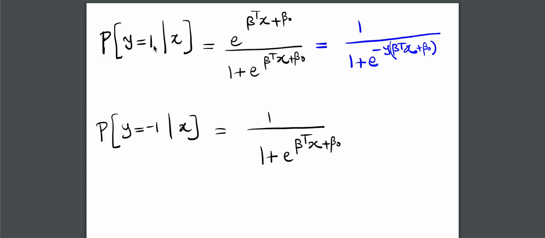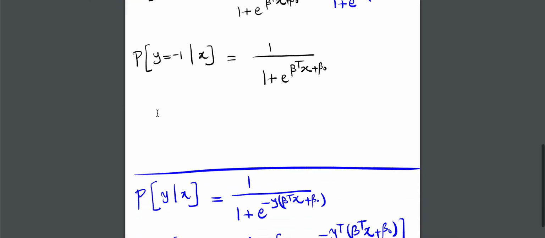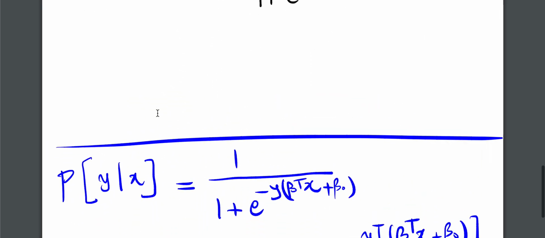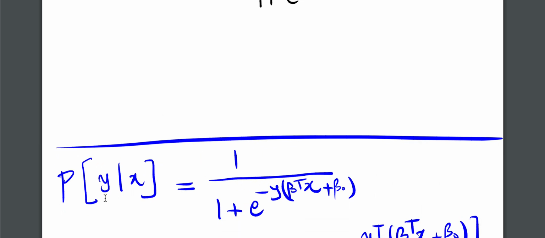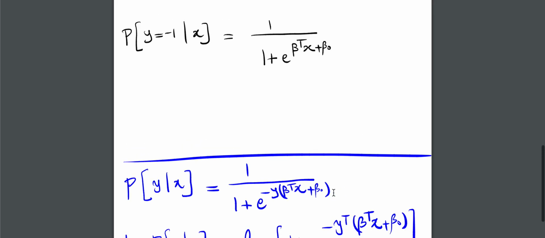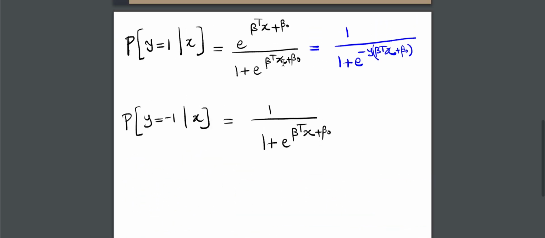So how can we combine these two? This is how we combine them. So probability of y given x is equal to 1 over 1 plus e to the power of negative y times beta transpose x plus beta 0. If y is equal to 1, then you have 1 over 1 plus e to the power of negative beta transpose x plus beta 0, which is equal to this.